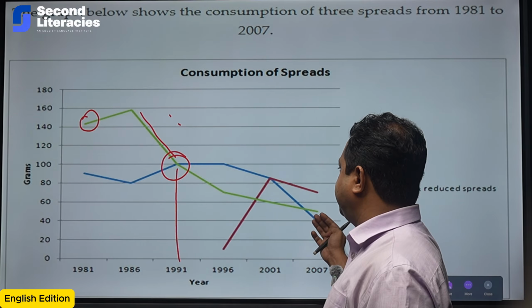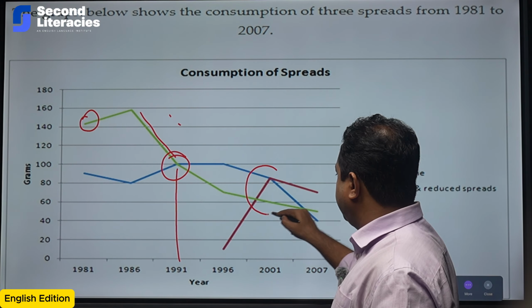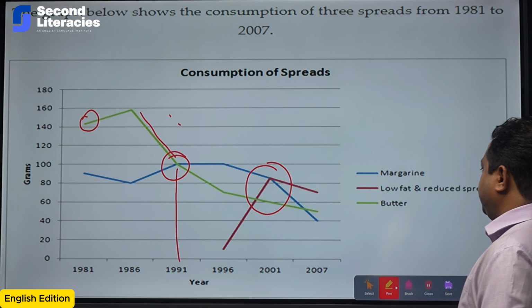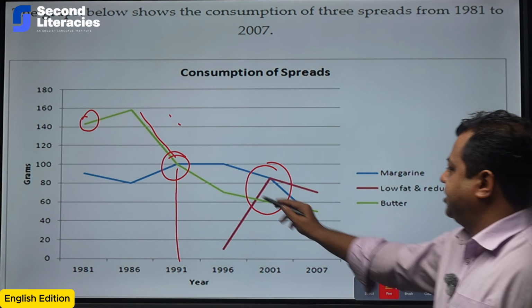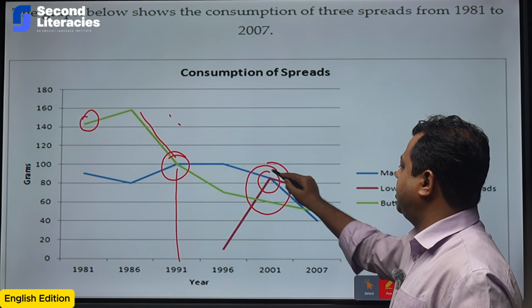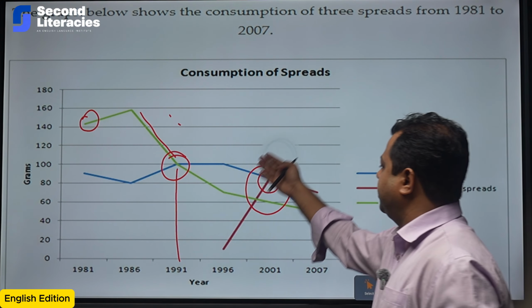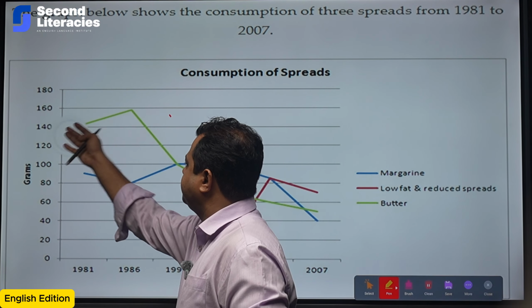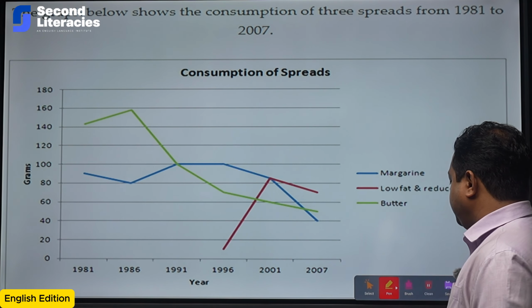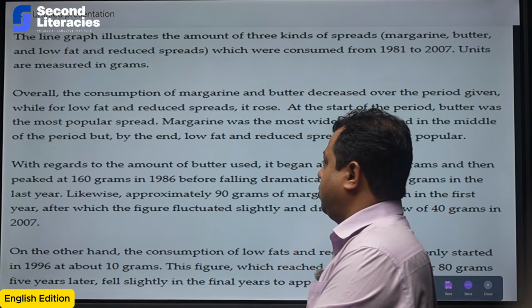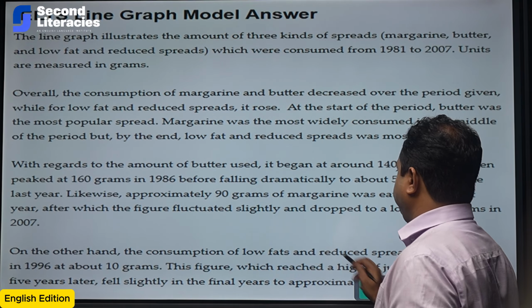This type of fall is called dramatically. And you see here the new product, margarine and the low fat comes, and dramatically it has a similar consumption with the other products. The writer here used the word dramatically very nicely.